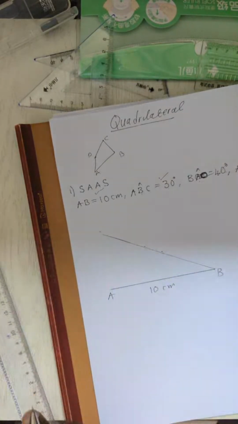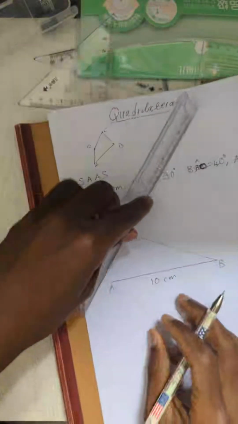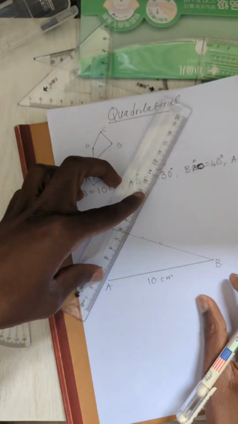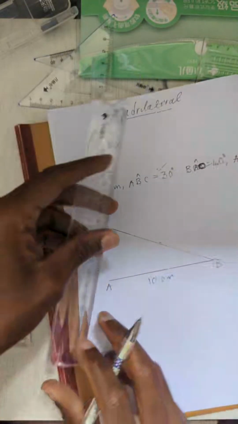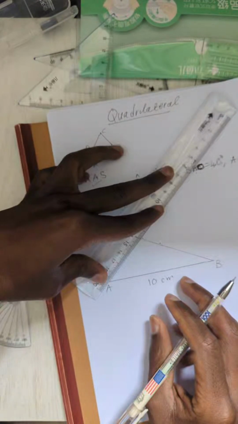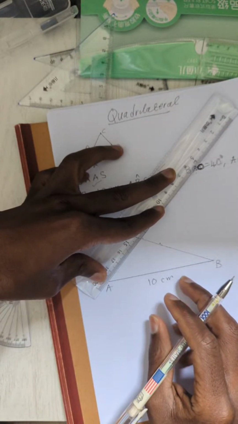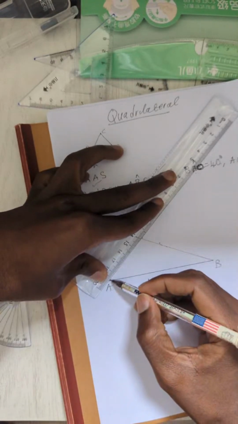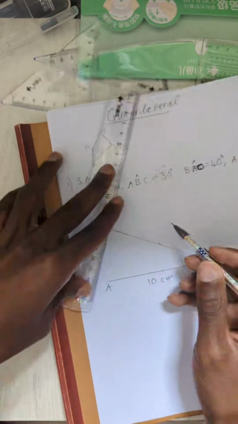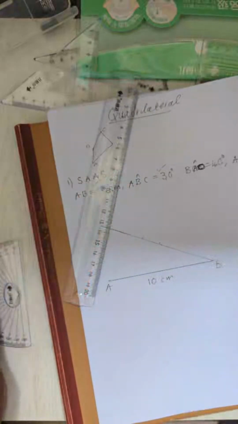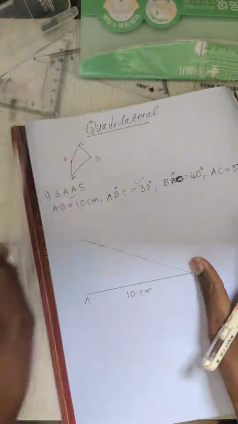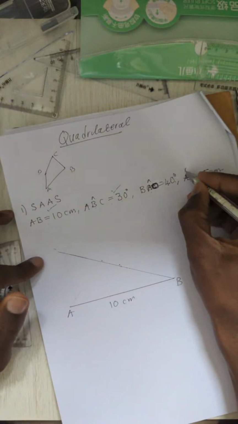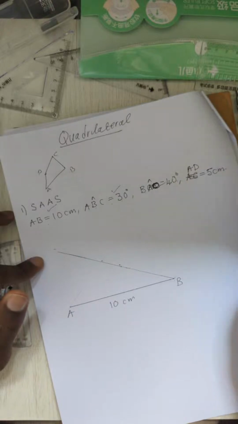So you can draw another faint line from A, something like that. Now we go to the last point, which says AC. This last point is supposed to be AD, not AC.